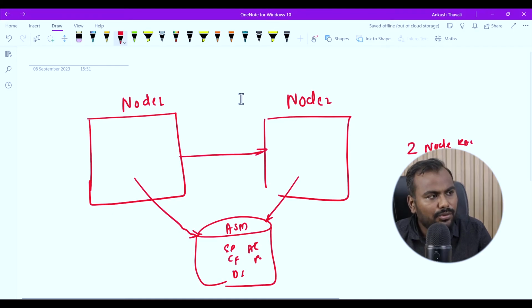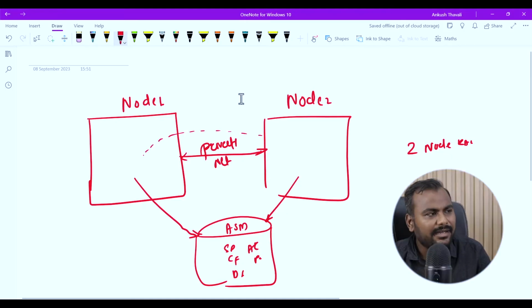Node 1 and node 2 are internally connected to each other with the private network. There is communication happening between node 1 and node 2 through this interconnect.